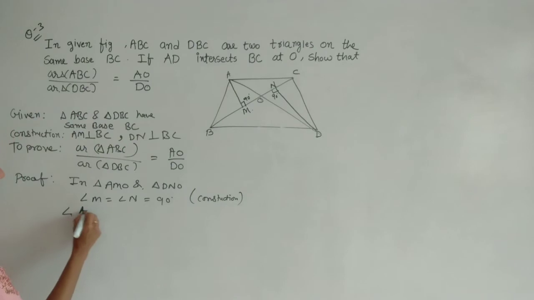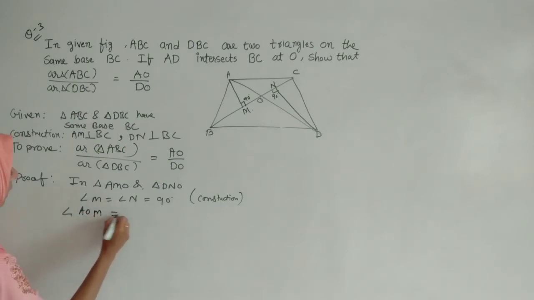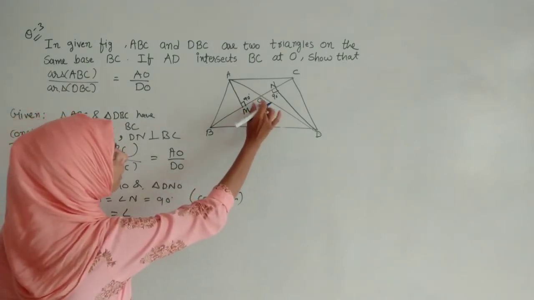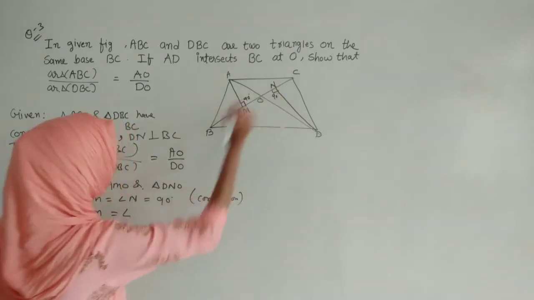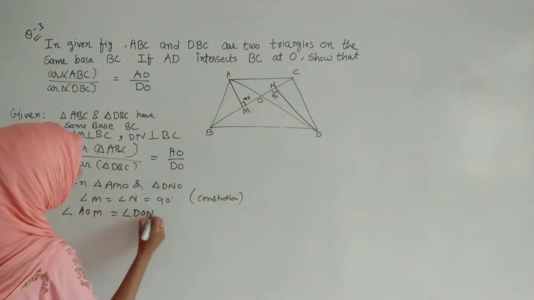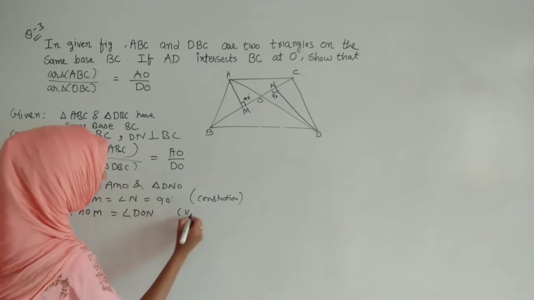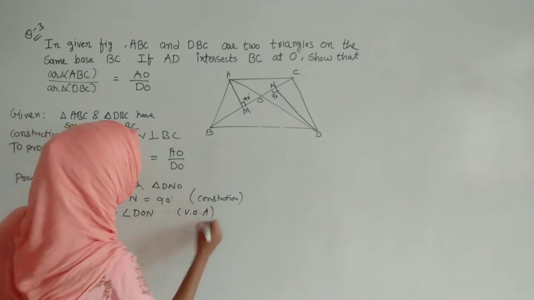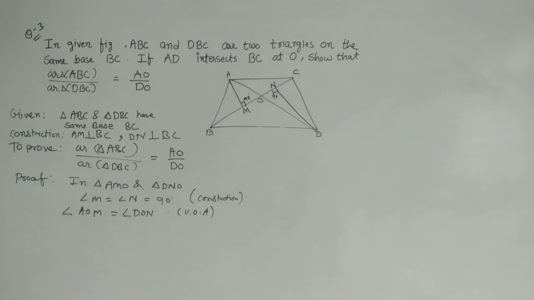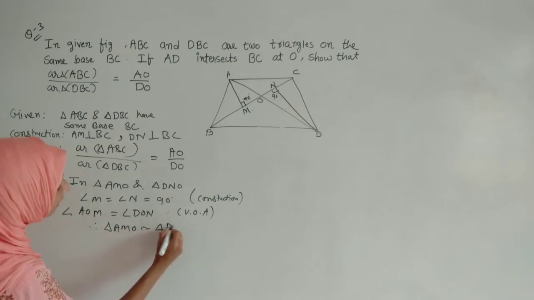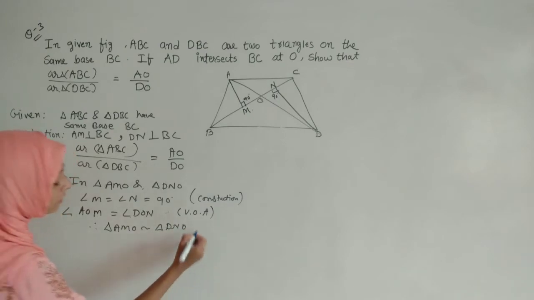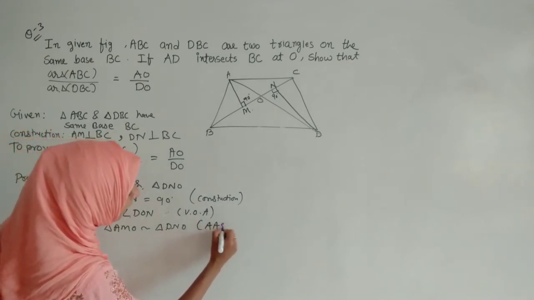So here I will write angle AOM will be equal to, in the center we have to mention O because we are talking about angle O, angle DON, and that will be vertically opposite. So here we have written it is vertically opposite angle. If two angles are the same, then we will write that triangle AMO is similar to triangle DNO, and that is because of AA similarity.